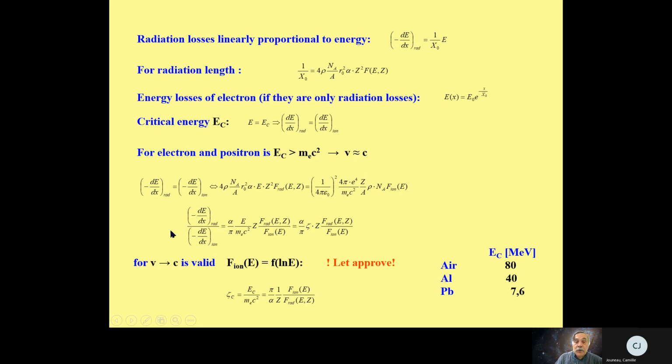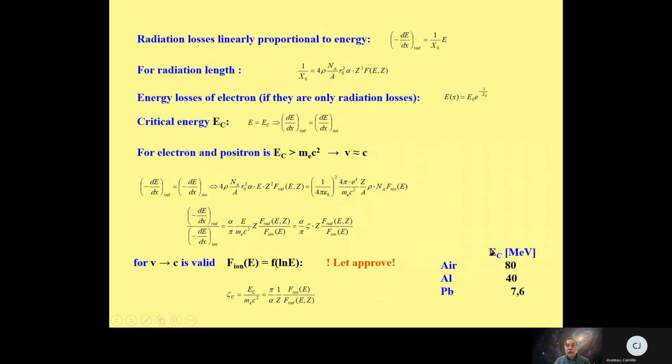It is possible to use the Bethe-Bloch formula to calculate the ratio between radiation and ionization losses, and from this it is possible to obtain the critical energy.